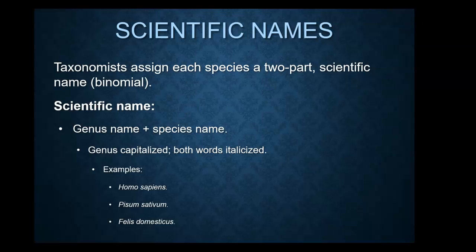Always note that the genus name is capitalized, the species name is not capitalized, but both words are italicized, okay? So at the bottom you can see we have an example: Homo sapiens, Pisum sativum, and Felis domesticus. That is your cat. The Pisum sativum, that is your peas, and then Homo sapiens, those are the humans.